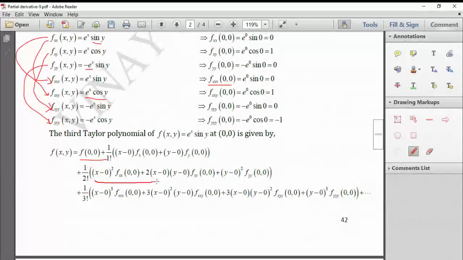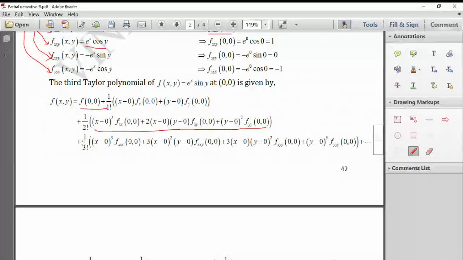So in place of a and b, we have substituted 0, 0. That's it. Similarly, we need third order.